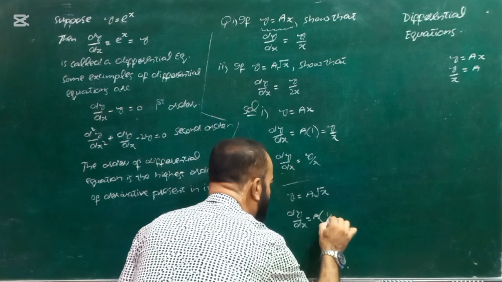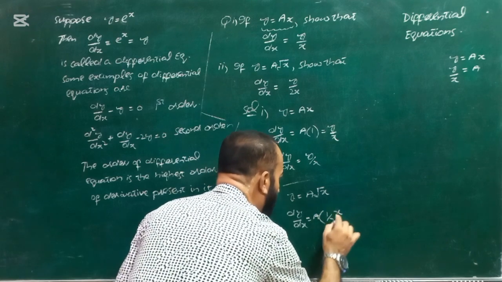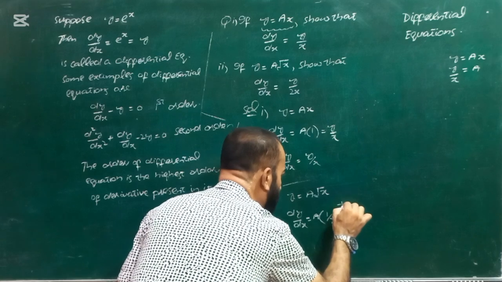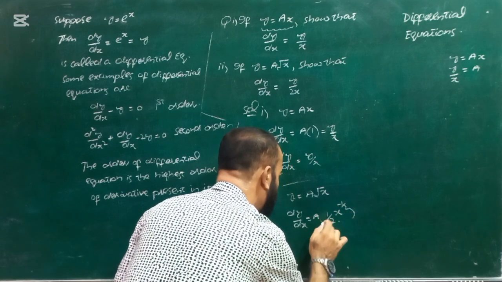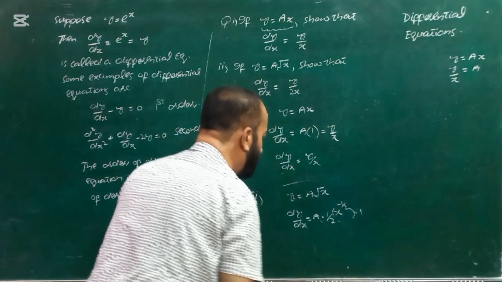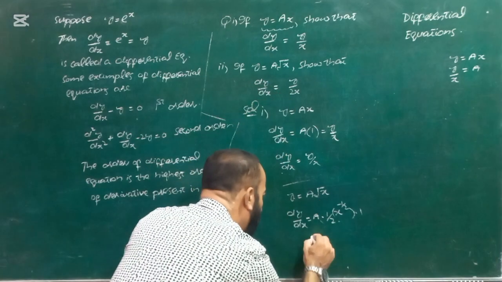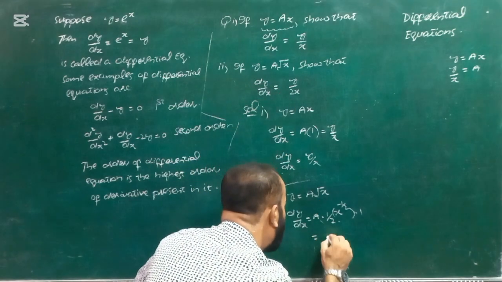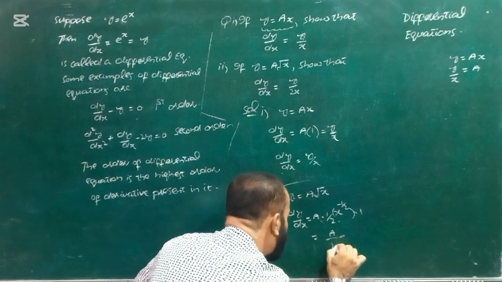So the power will come down, make 1 less from the power, and then the differential of the original value, that will be 1, because the differential of the x is 1. Okay, from here you can see it will become a over 2 square root x.